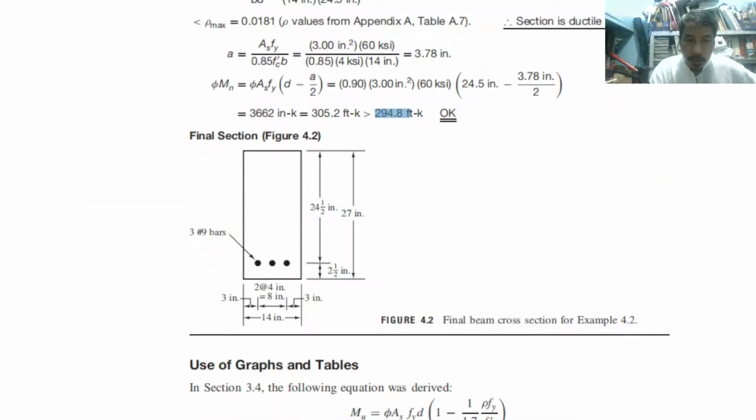So the calculated MU is 294.8, which is less than the capacity of the beam. Therefore, this design is okay. So we determine 27, we determine 24.5, we determine the cover, we determine all the dimensions. So this is the final answer.